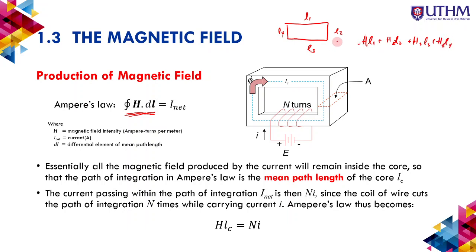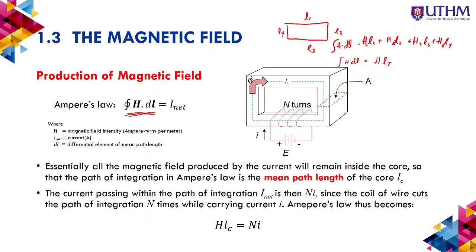This is similar to the integration of H dl, which means that the magnetic field intensity is not constant for all the length. If it were constant for all the length, it would become only H times L total. I think this is the simplified version.